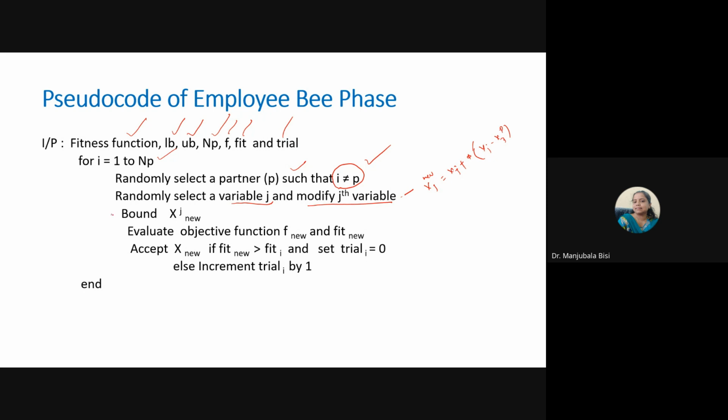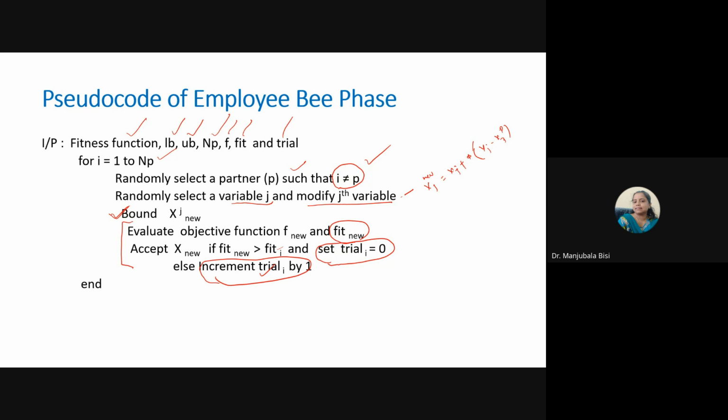Then whatever decision variable value you are getting, you have to bound that one. Corner bounding you have to do. Then you have to come to the greedy selection. Whenever we are doing the greedy selection, we are not comparing with the objective value, remember, we are comparing with the fitness value. If the new solution is better, then the trial counter we are resetting to 0. If the new solution is not better, we are getting a failure, so the trial counter will be incremented by 1.